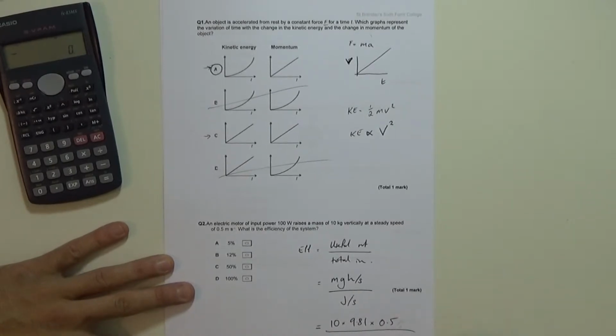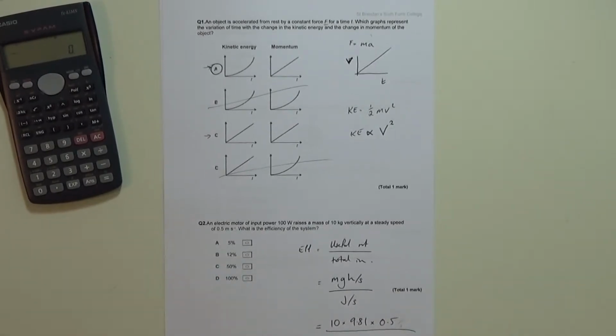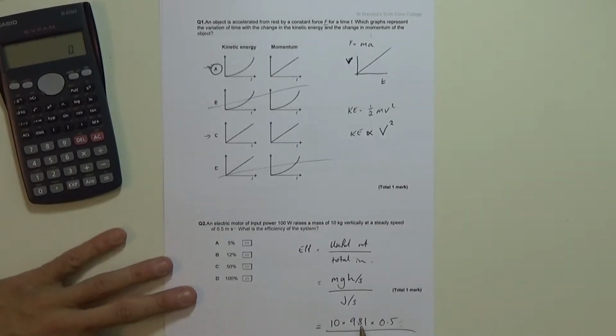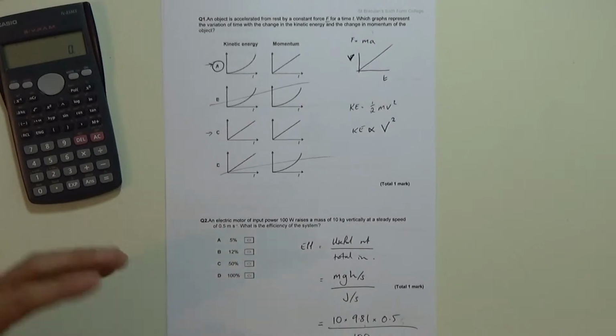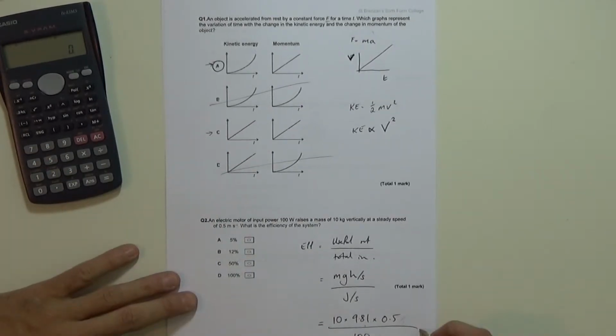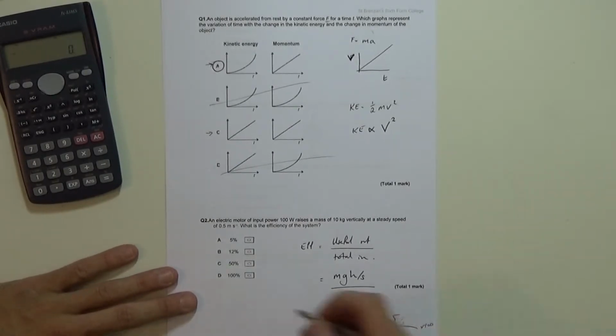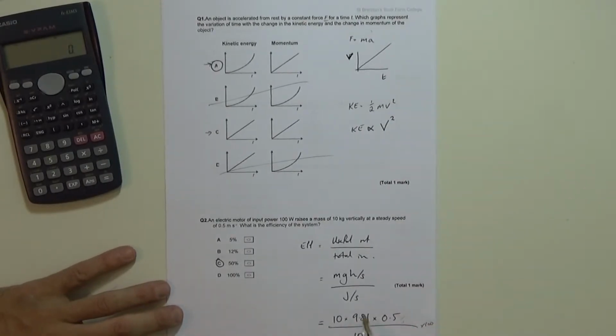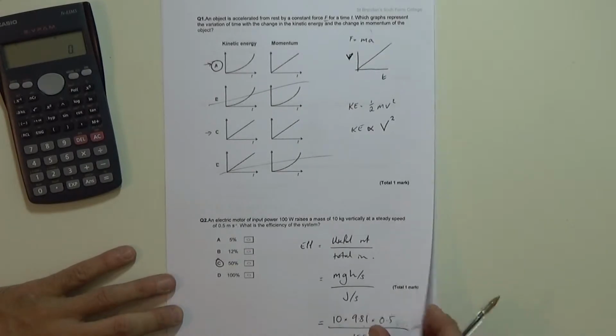Of course I've got per second there, so I'm forgetting about it. 10 times 10 is 100, times a half is 50, 50 divided by 100, and times 100 if you want to put it on the end, it's still just 50. So, there you go, 50%. Obviously we consider g to be 10 in this case.